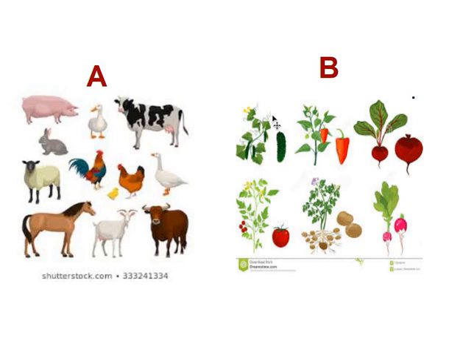Yes, there are two groups, group A and B. They are groups of living things. Now, can you guess A and B, their names? Yeah, group A is a group of animals and B, group of plants.